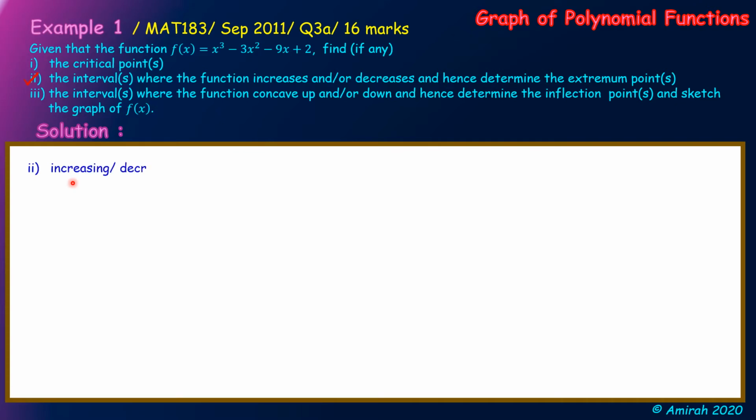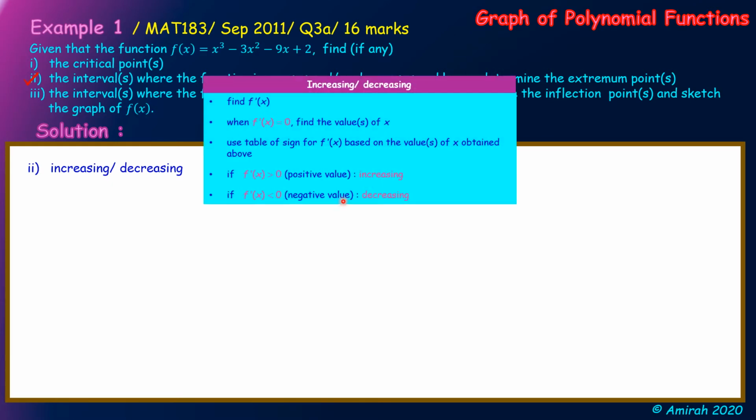To find whether the function is increasing or decreasing, here are the steps. First, find f'(x), but we already found f'(x) when we found the critical points. Then we set f'(x) equal to 0 and find the values of x.